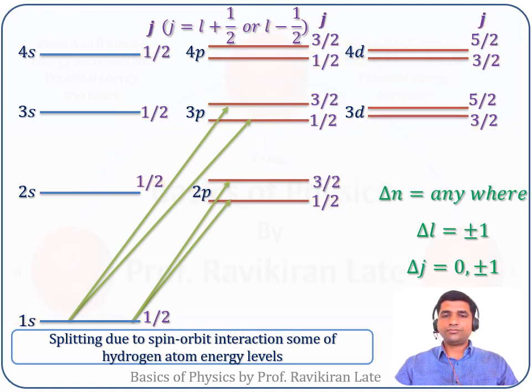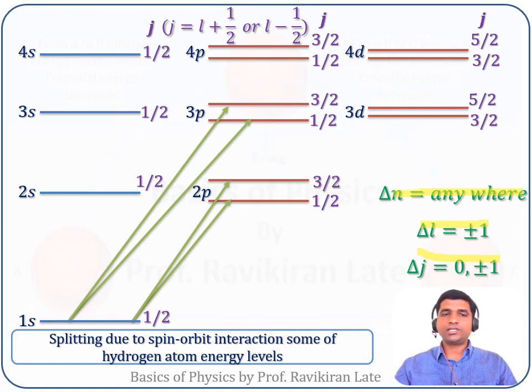The energy levels which we have considered just now, this is called the fine structure of a hydrogen atom, and for this fine structure of a hydrogen atom, the selection rules are given here. In addition to the energy levels which we have calculated by using Schrodinger's quantum mechanical equation or Bohr's model, you can see that these energy lines will be doubled in this case.